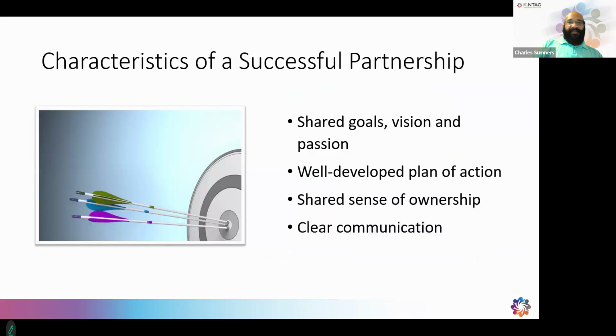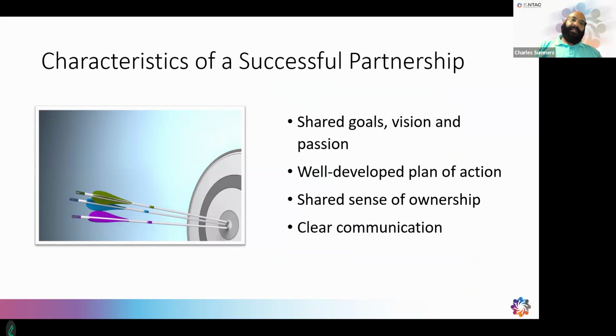All right, so let's move on to the characteristics of a successful partnership, right? Once you identify these community assets, what does a successful partnership look like when you're paired with these assets? One key aspect of high quality grant applications is making sure that you have effective partnerships, right?